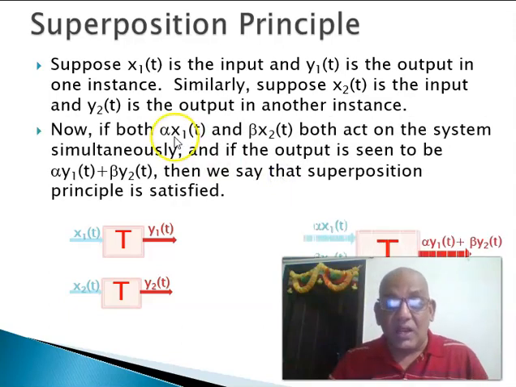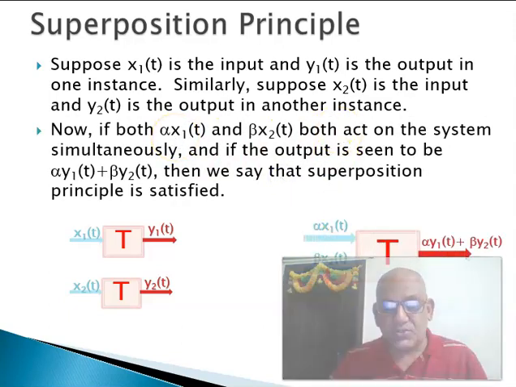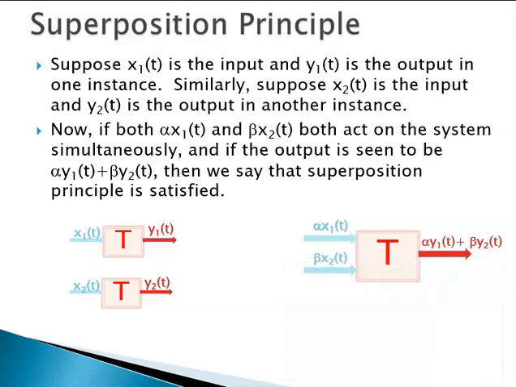If alpha x1 and beta x2 both simultaneously act on the system as shown here, you take this x1 multiplied by alpha, take this x2 multiplied by beta, and you apply both these inputs onto the system, where alpha and beta are constants. If the output is alpha y1 plus beta y2, the same combination of alpha and beta with x1 and x2, we call that system as satisfying superposition principle.